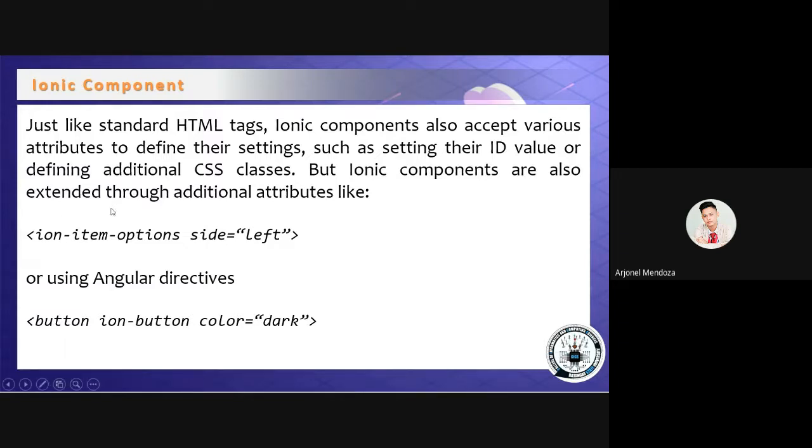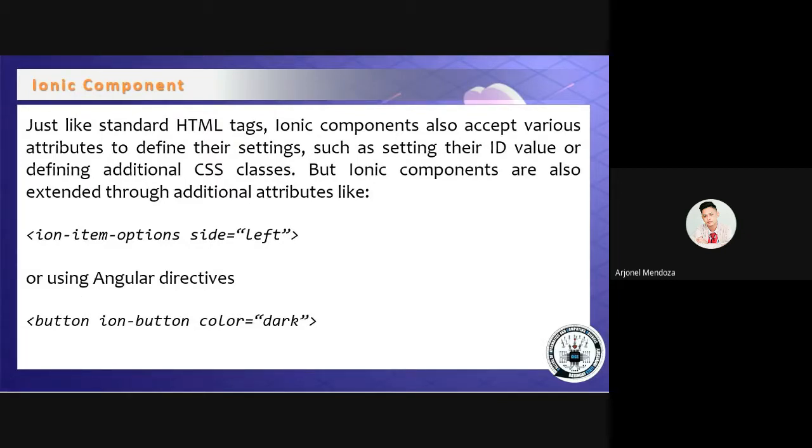The Ionic framework leverages this capability and has created an entire set of mobile components. So ito yung example components. Examples of Ionic components are the ion-card, ion-segment-button, and ion-item-sliding.